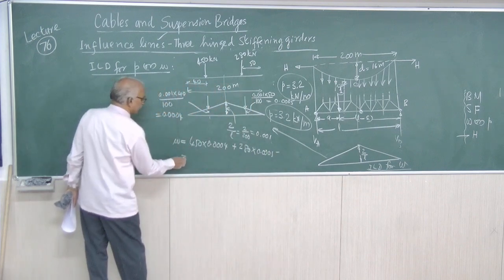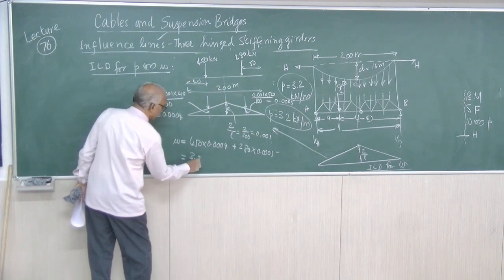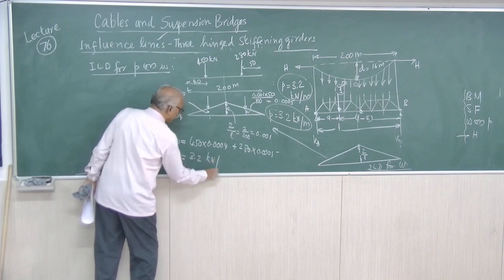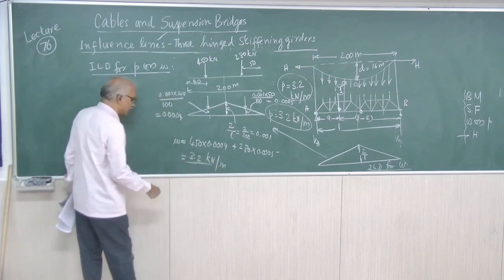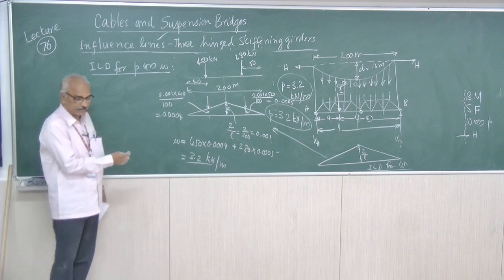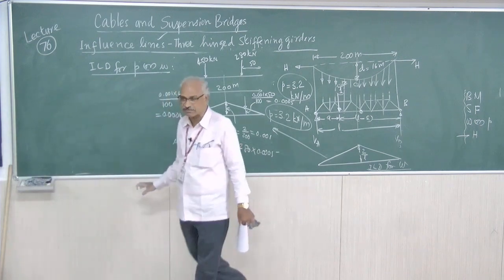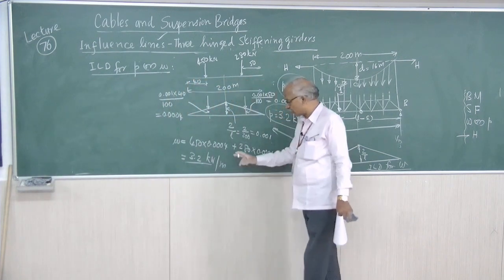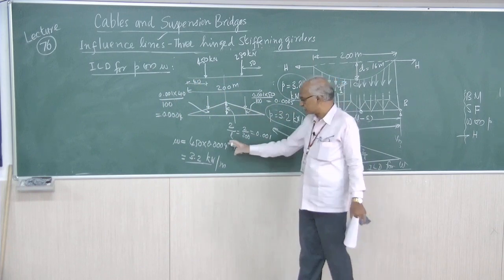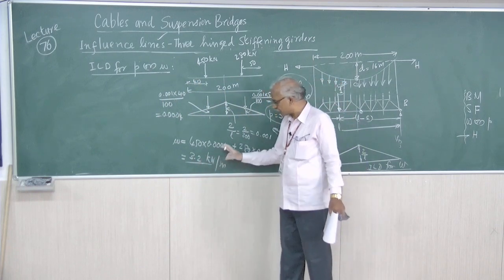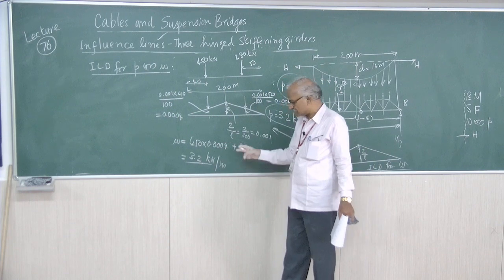So this, when we calculate, has to give 3.2 kilonewton per meter. So the viewers can substitute, verify for the accuracy of the calculations. I hope these values are correct. If these values are correct, you will be getting 3.2. Otherwise, there may be some error that you can check up, no problem.